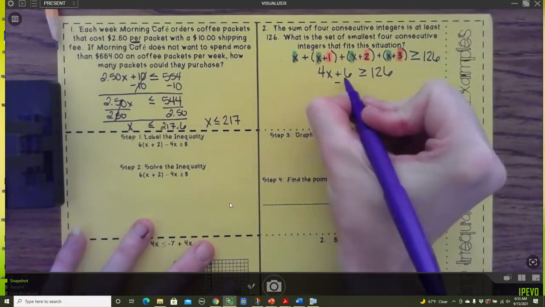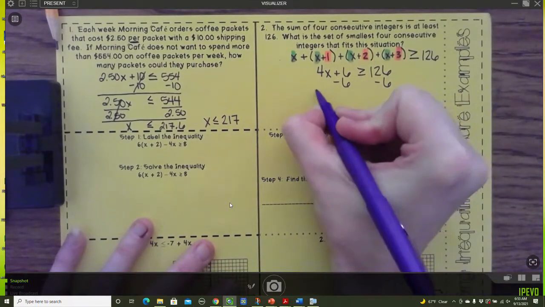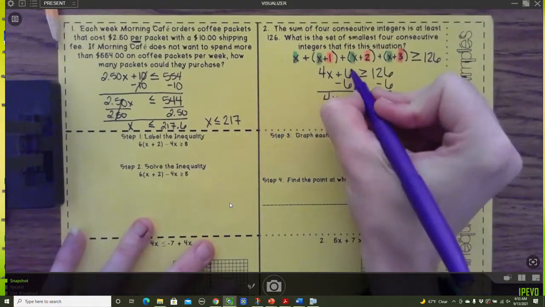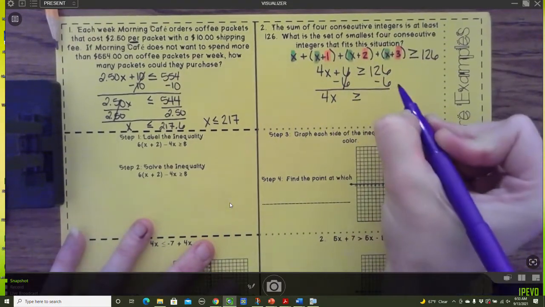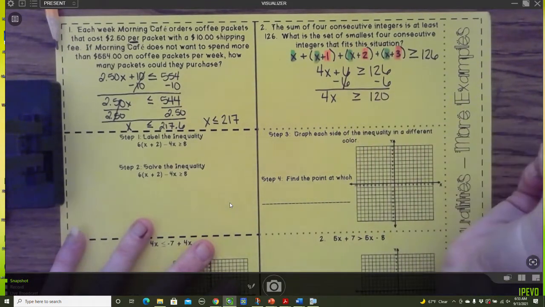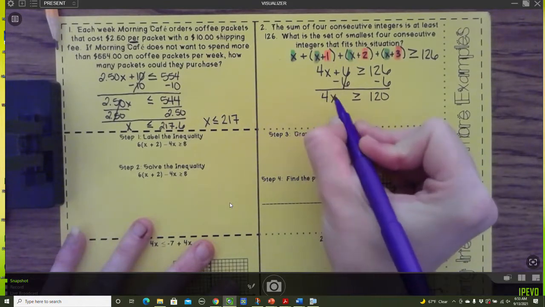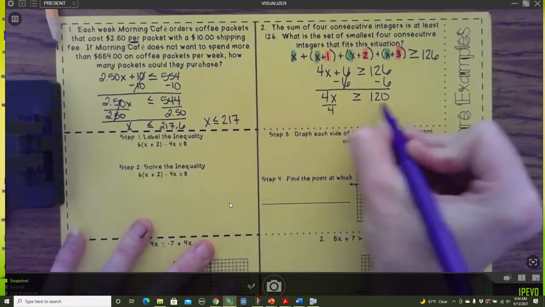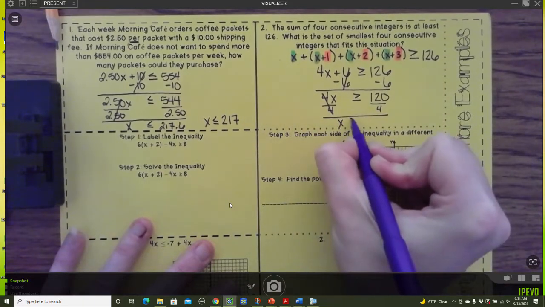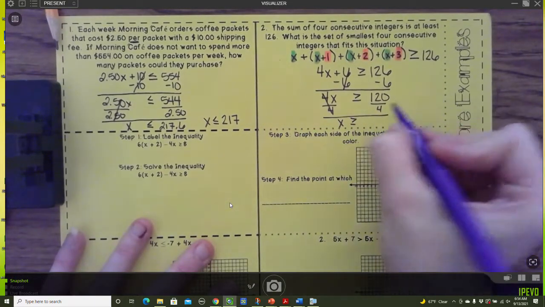All right, so we move the constant first by subtracting 6 from both sides. I didn't touch the 4x. The 6's cancel. 126 minus 6 is 120. Now I've got to get the 4 away from the x, so I divide, do the opposite. So the 4's cancel. 120 divided by 4 is 30.